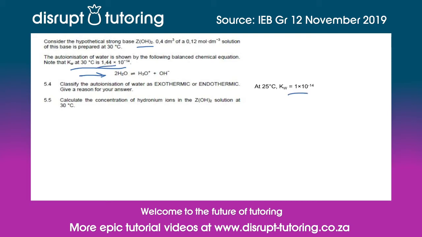For an increase in the ionization constant, we need an increase in the concentration of the products of this reaction. We also know that an increase in temperature always favors the endothermic reaction, since endothermic reactions take in energy. So since we have an increase in products and the forward reaction is favored by an increase in temperature, that means that the autoionization of water is an endothermic process.